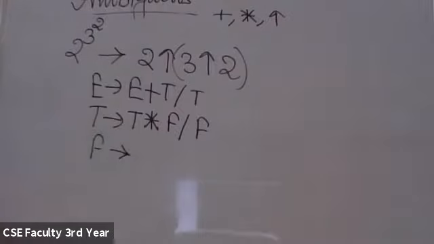F derives. Let us take another variable G and tell me. Ma'am, F into G. F into G or G into F? G is, sorry, G power F. This is right associative. Yes, ma'am. G power F. Yes.